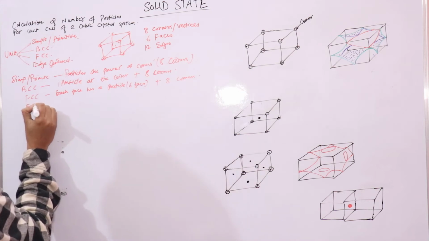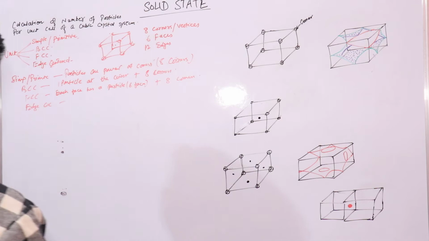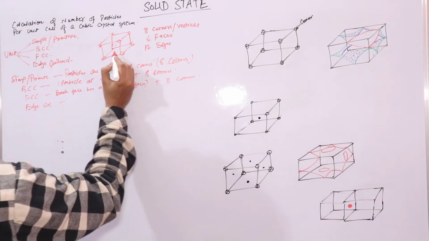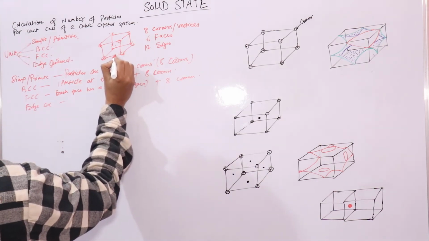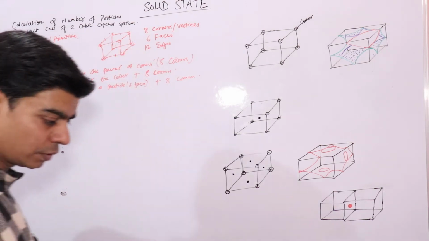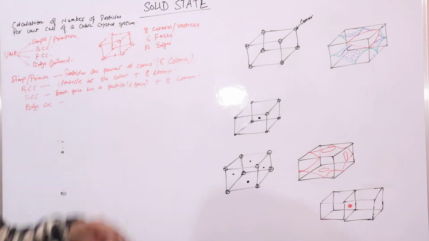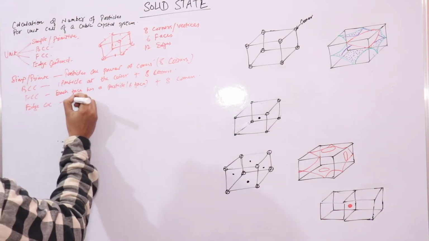Similarly, if we talk about the edge-centered unit cell, the edges are these parts of a cube or unit cell, and we have a total of 12 edges.